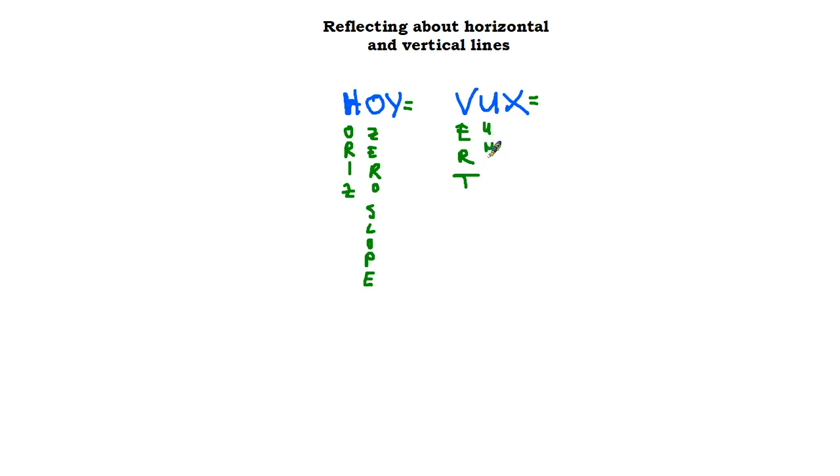I'm not going to go into a great deal of detail on the difference between undefined and zero slope, but if you remember this phrase, HOYVUX, you get several things for the price of one. You get your equation. Vertical lines have x equals, horizontal lines have y equals, and you'll know whether you have a zero slope or an undefined slope. Okay, now let's go ahead and try to use this in practice.